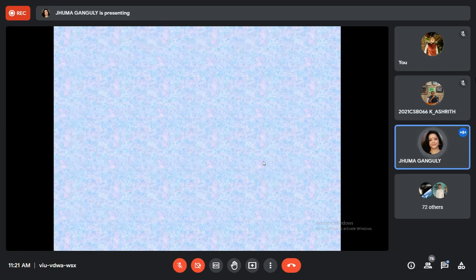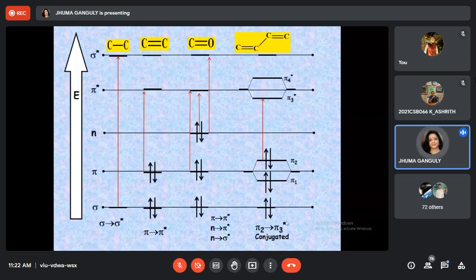Others are all possible. So pi 2 to pi 3 star I am showing for the minimum energy gap and the corresponding lambda max. But all others are possible: pi 1 to pi 3, pi 1 to pi 4, and pi 2 to pi 4. All are possible here.